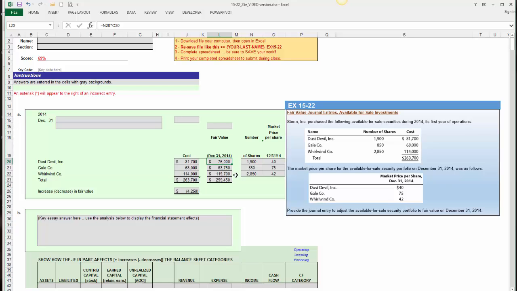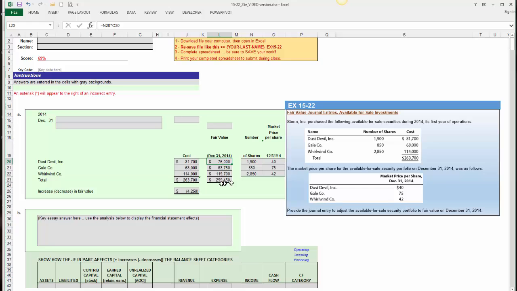And finally, for the Whirlwind Company, 2,850 shares at a fair value per share of $42 produces a fair value of $119,700.